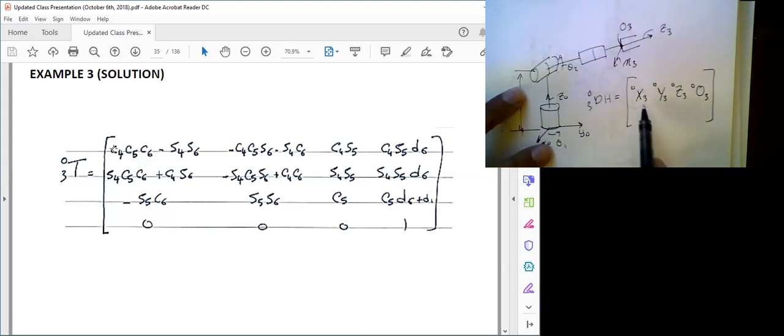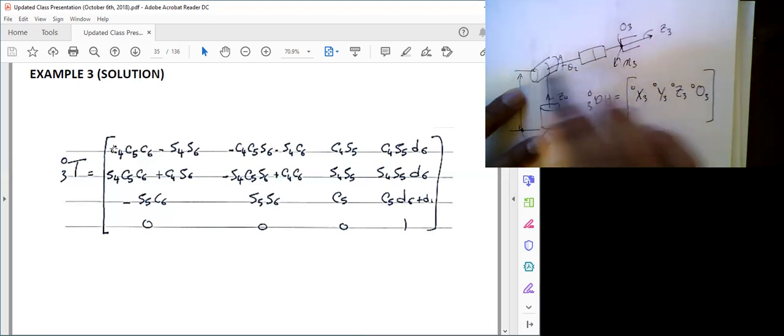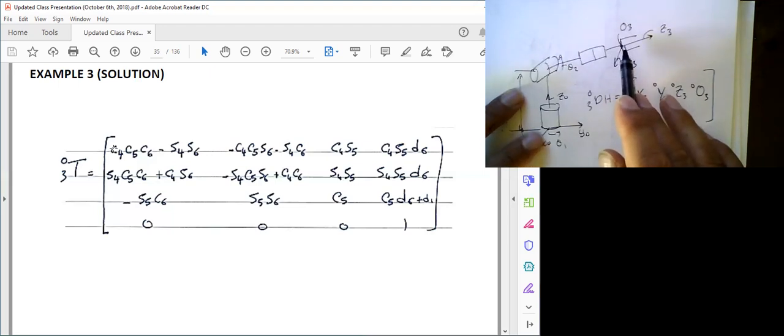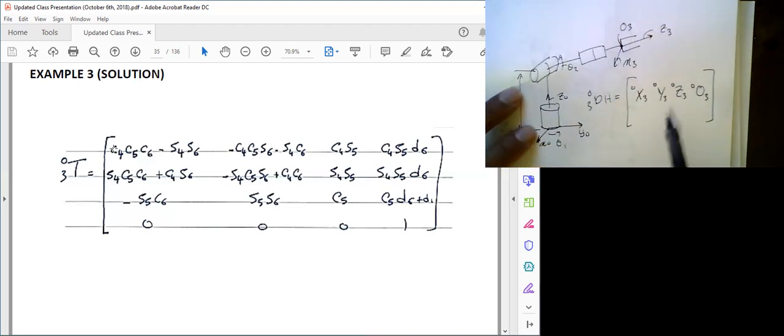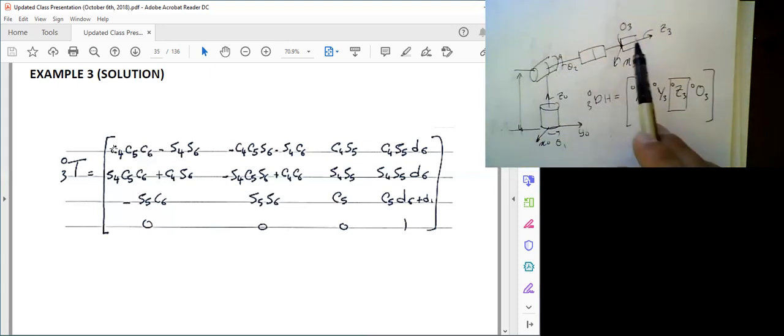But what I want to show you here is, let's say I would like to point this vector toward a given direction, right? If I want to do this, this is the vector that will control the direction of my wrist, right? So I can literally define where I would like that to be. And this is Z3 in frame 0.